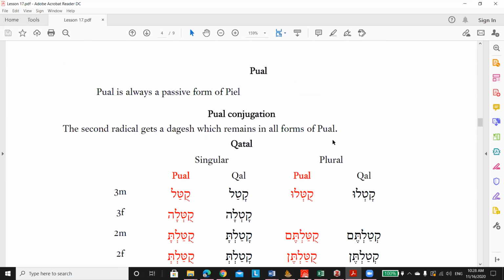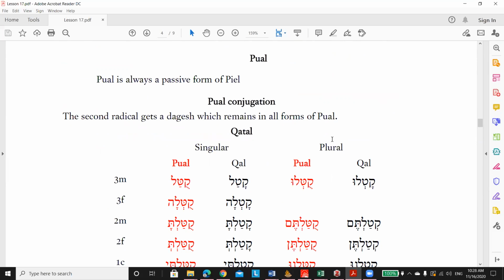In Pual conjugation, it's very simple because Pual is a passive form of Piel. By the way, Pual and Hofal stems are the rarest stems in the Hebrew Bible. So it doesn't occur very often, but sometimes it occurs, and we need to know it.